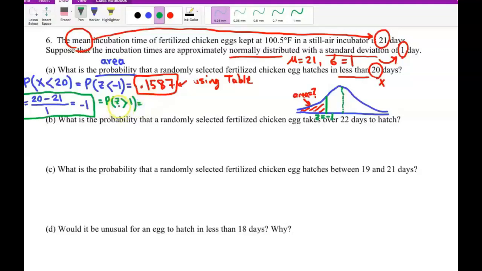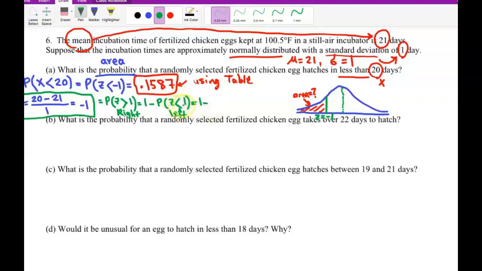So since we have greater than, that means we need to find the area to the right, and to find the area to the right you need to use that rule and subtract. So 1 minus what we have to the left of z. This is to the right, and here is to the left. Now you can use the table, and if you only had access to positive numbers, you can use that part only.